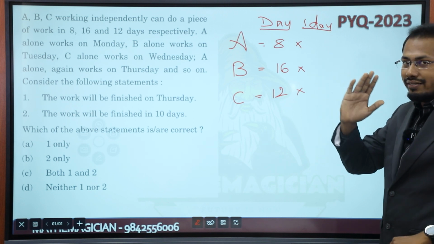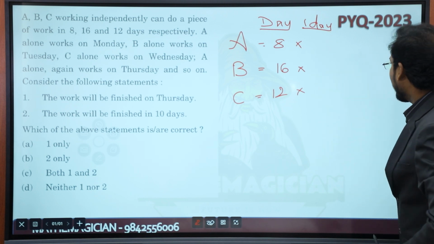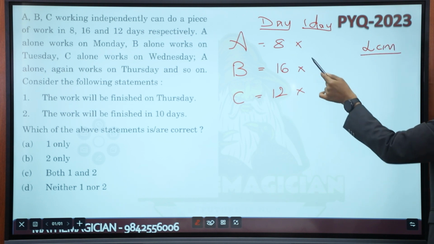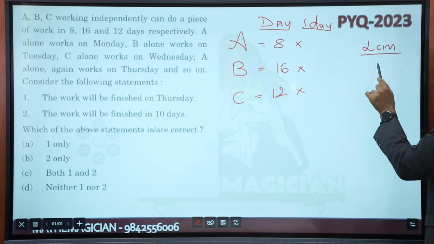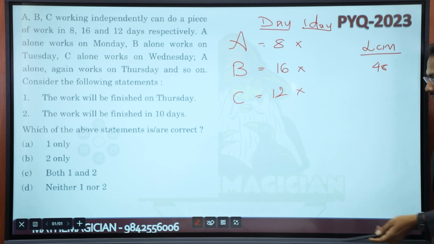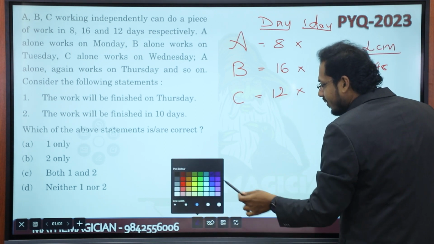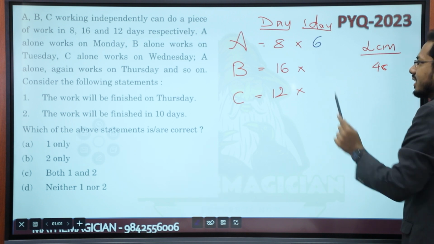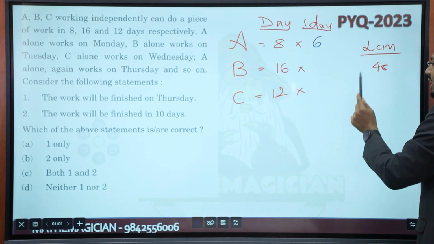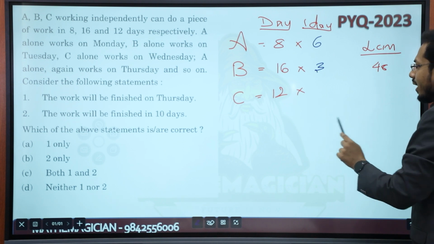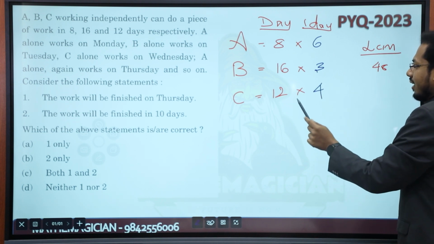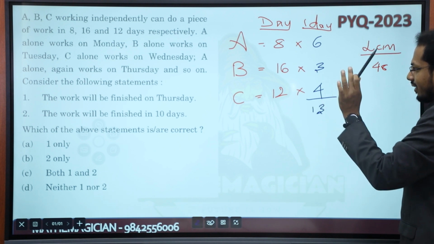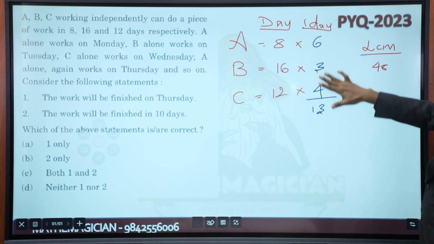Without the 1 day work, we will never get the answer. To find the 1 day work, I need to take the LCM of these three numbers, 8, 16 and 12. The LCM is 48. Now, 8 into what number gives 48? 6 eights are 48. 16 into 3, 12 into 4. If you add these numbers, you will get 13. Keep this. This is the individual efficiency.